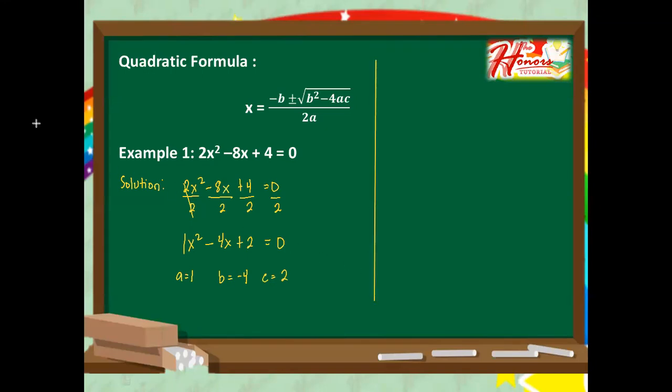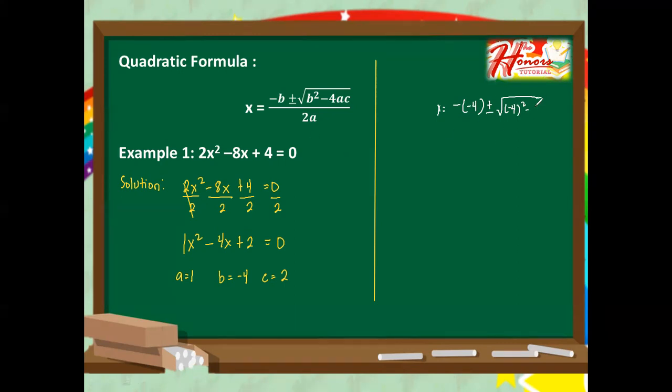And then we're going to substitute it to our quadratic formula. So we have here x equals negative b. The value of b is negative 4. So it's negative 4 plus or minus the square root of b squared. So that is negative 4 squared minus 4ac.